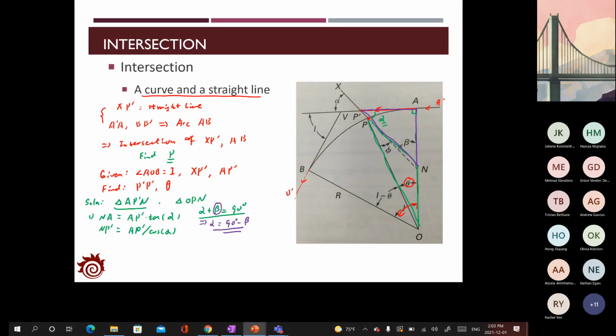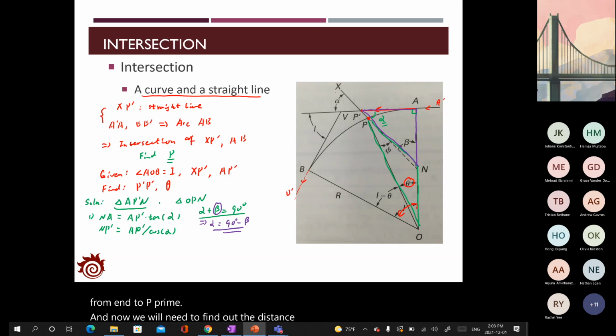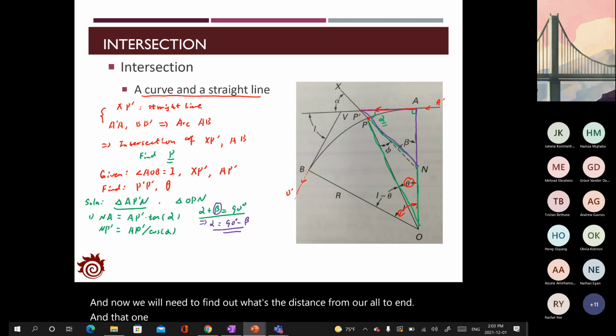Okay, so that's the first step. We find out the distance of n to a and the distance from n to p prime. And now we will need to find out the distance from O to n. That one is relatively straightforward.